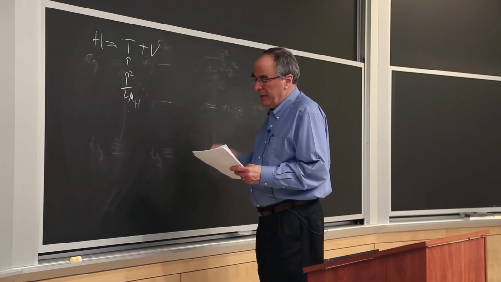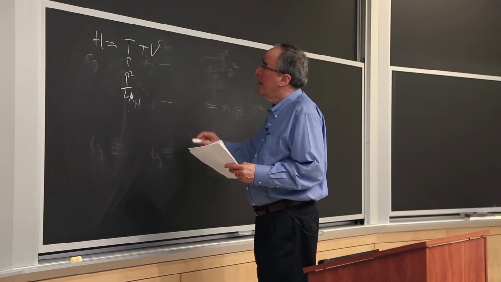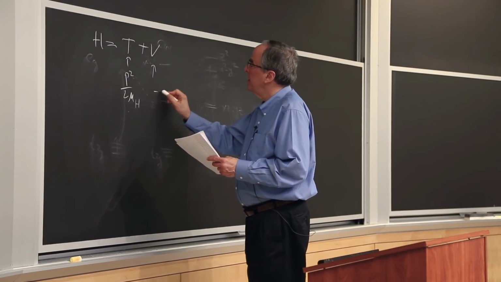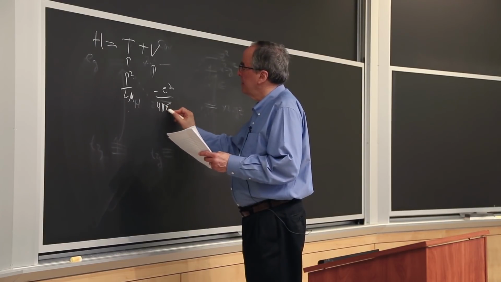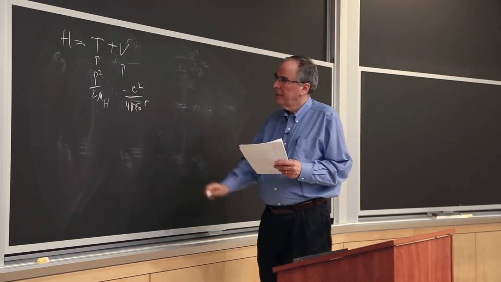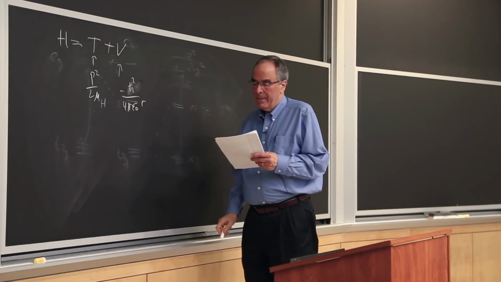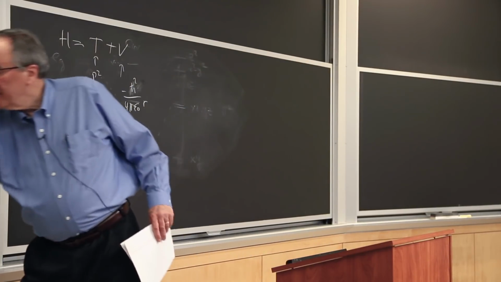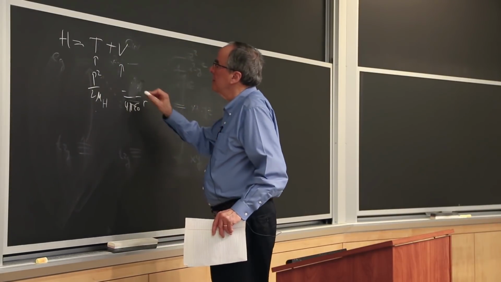And we know this is just Coulomb's law, minus e squared over 4 pi epsilon 0 r. I'm sorry, it was supposed to be e squared. So this is the classical.